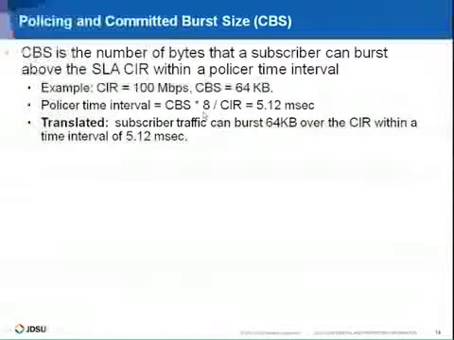So in this example, we take the 64 kbyte CBS times 8, divide that by the CIR of 100 megabits per second, and the result is time. So in this example, we get 5.12 milliseconds. So a lot of words there, but really all you have to remember is that the subscriber traffic can burst 64,000 bytes within a 5.12 millisecond period on top of the 100 megabits per second CIR.